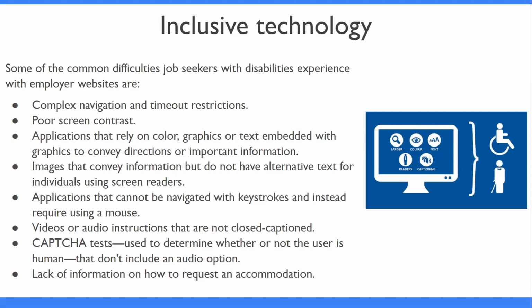Poor screen contrast for folks who are visually impaired, and also folks who are colorblind. Applications that rely on color, graphics, or text embedded with graphics to convey directions or important information.